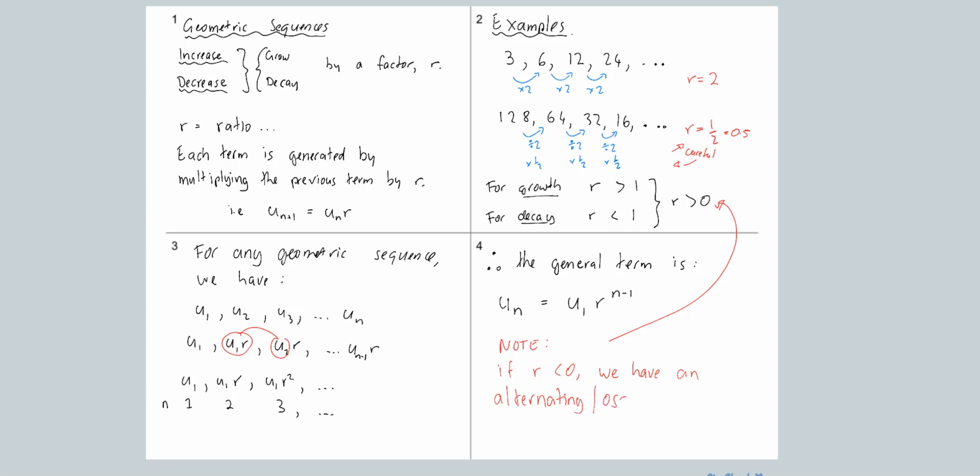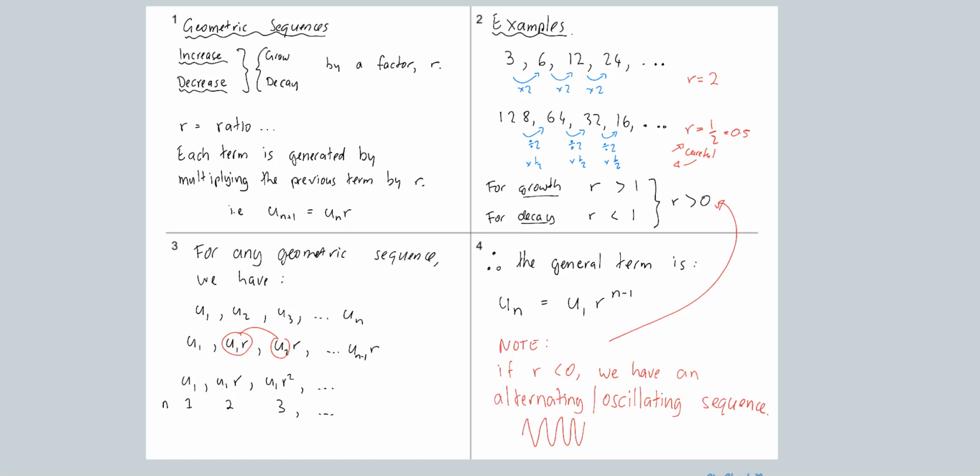Or oscillating is sometimes what it's called as well. Okay, so it kind of just goes positive and negative and positive and negative and positive and negative like that. It's just got an oscillating pattern.